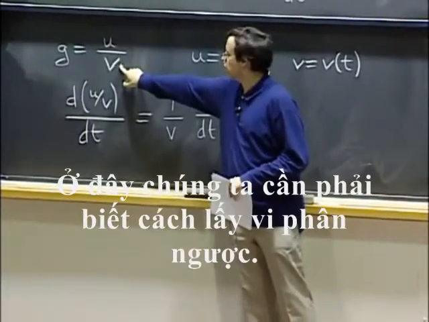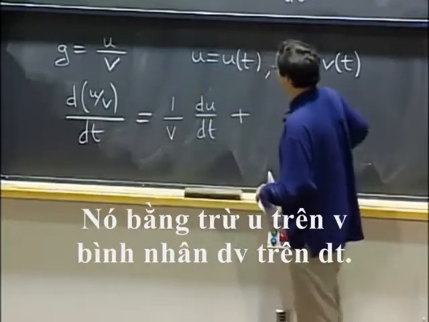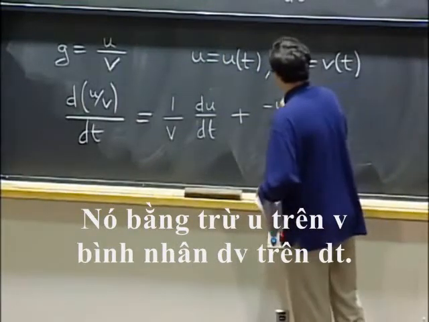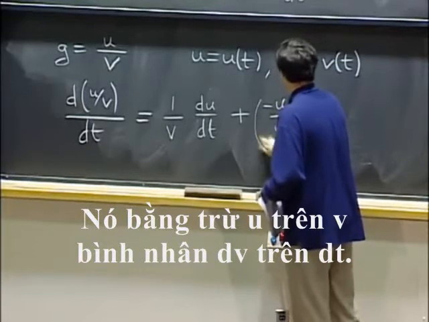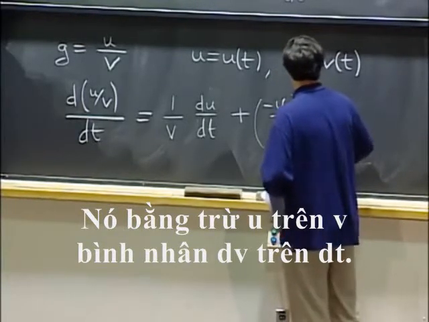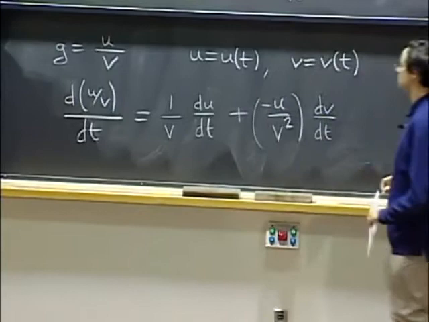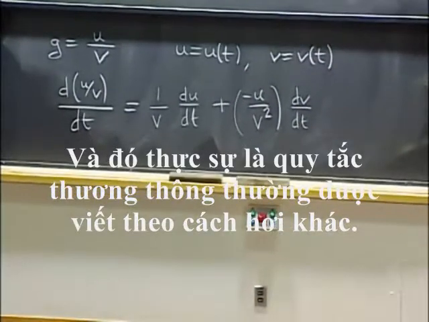Well, here we need to know how to differentiate the inverse. It's minus u over v squared times dv dt. Okay? And that's actually the usual quotient rule, just written in a slightly different way.